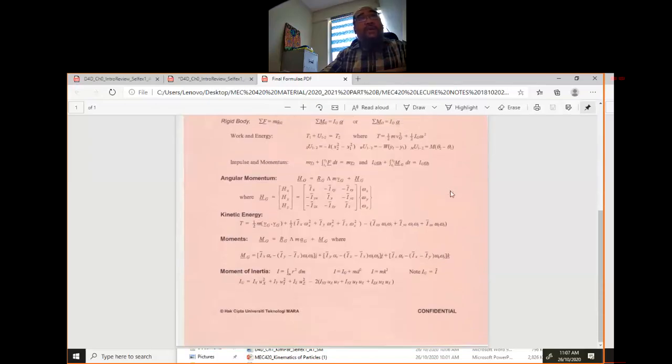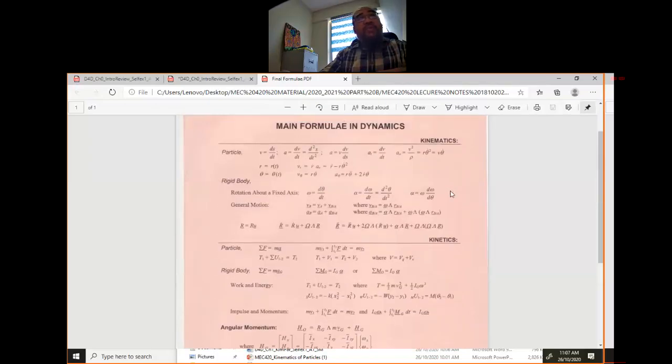So my advice is that you should have your own formula sheet. Just like this. This is not complete, but it is very useful in answering the questions.